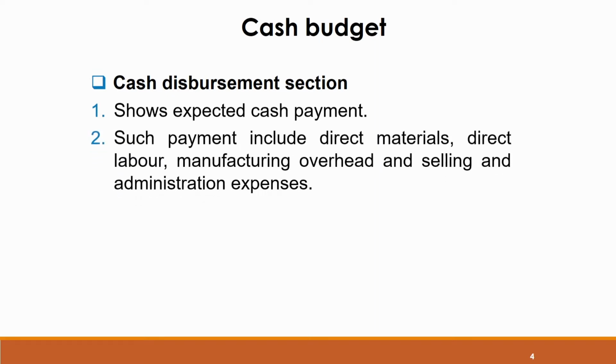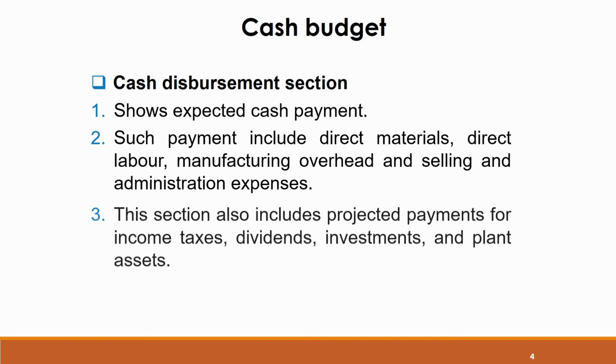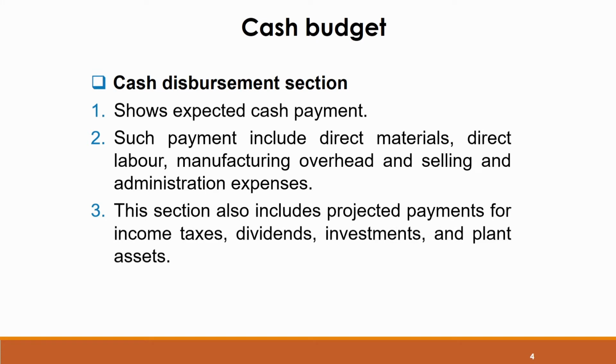Number 2, such payment include direct material, direct labor, manufacturing overhead, and selling and administration expenses. Number 3, this section also includes projected payment for income tax, dividends, investment, and plant assets.